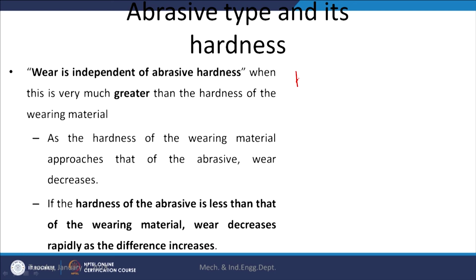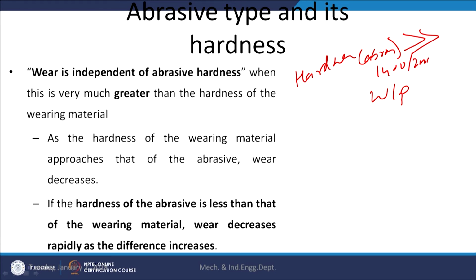When the hardness of the abrasive is significantly higher than the workpiece, like abrasives harder than maybe 1400 HV or 2200 HV, these are very hard abrasives as compared to the workpiece, which may have a hardness value of 200 to 400 HV. Here, if the hardness of the abrasive is very high, it does not affect the abrasive wear behavior appreciably.